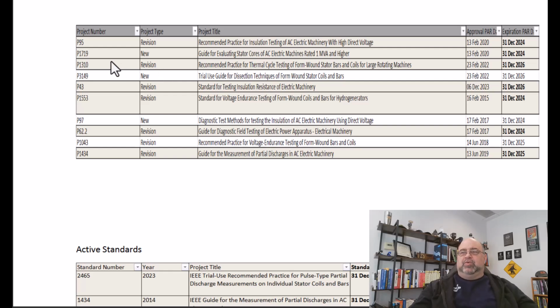But the next one was 3149, which I'm very happy to be a contributor for. This is a new standard, and it's going to be extremely important for those of us who do electric machinery root cause failure analysis.